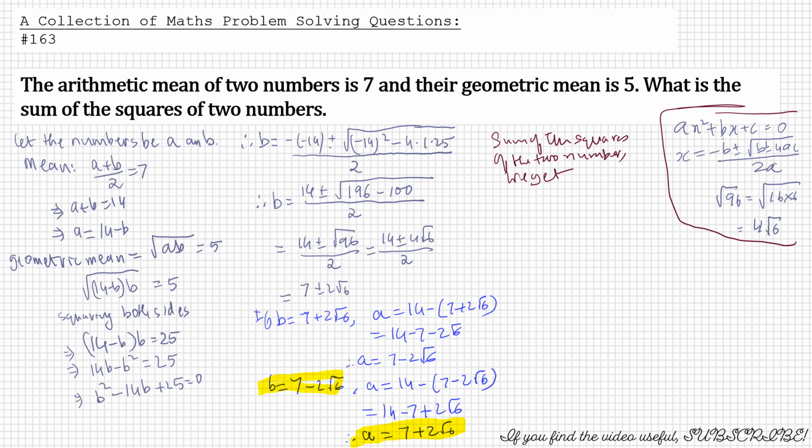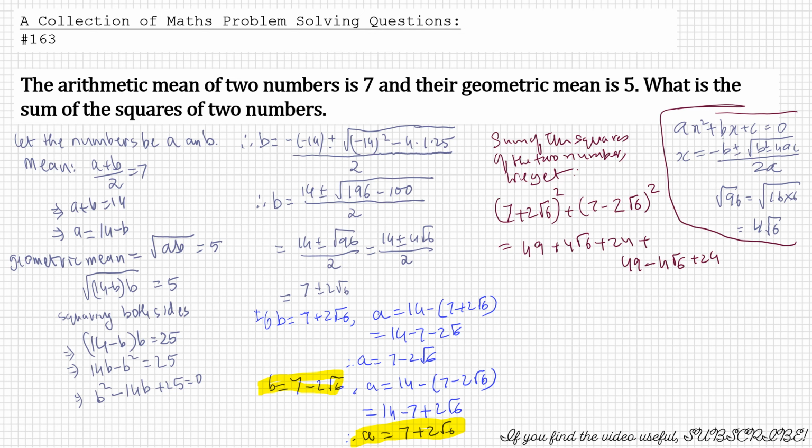So therefore we get the squares: (7 plus 2 root 6) whole squared plus (7 minus 2 root 6) whole squared. That equals 49, squaring them, plus 2 times 2, 4 root 6, plus the square of this, that is 4 times 6, 24, and plus, the same thing, 49 minus, with the minus sign now, 4 root 6 plus 24.